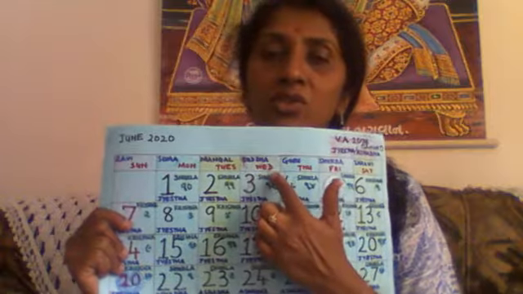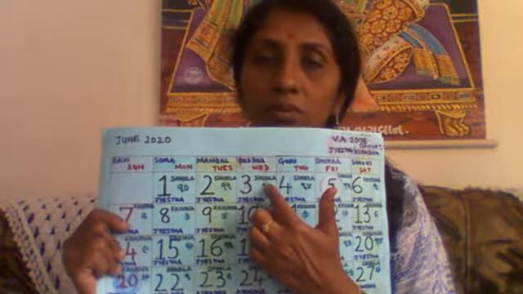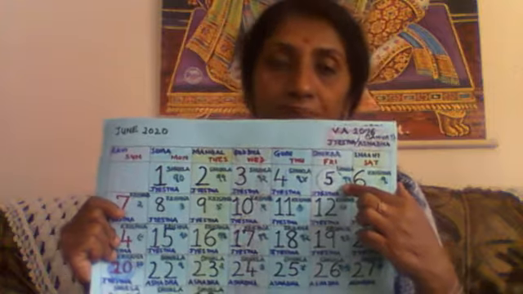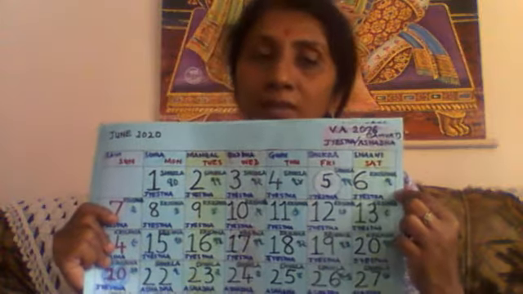Then we read the second as Jyesht, Shukla, Ekadashi. Then Jyesht, Shukla, Dwadashi. Jyesht, Shukla, Chaturdashi. And this is Jyesht, Shukla, Purnima.